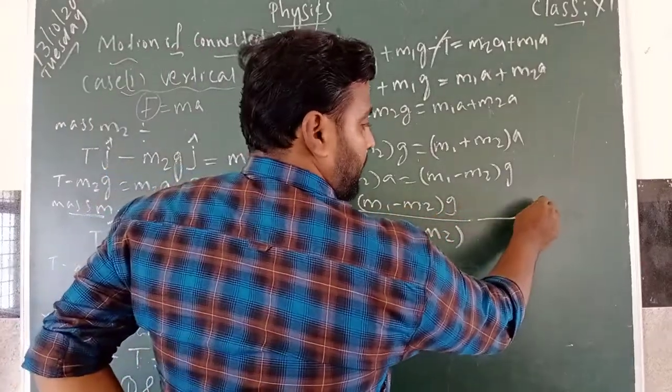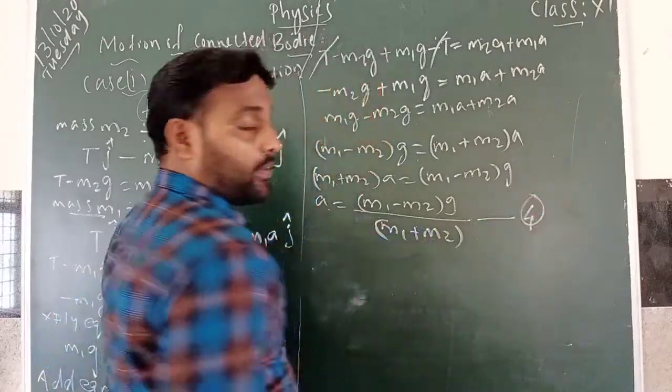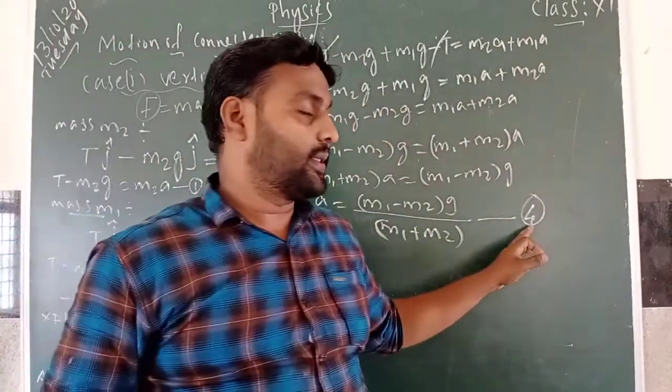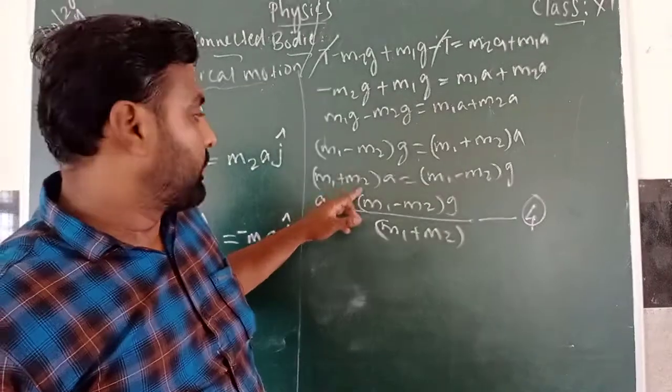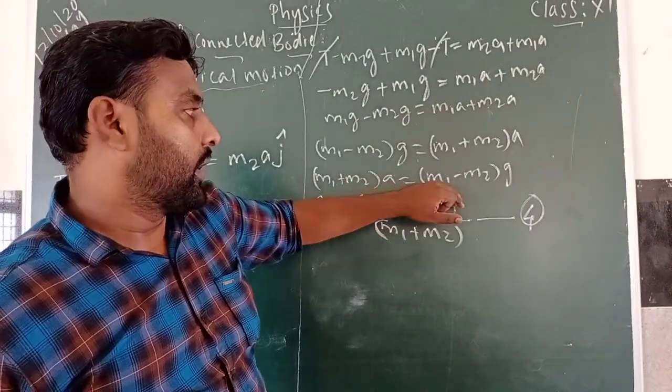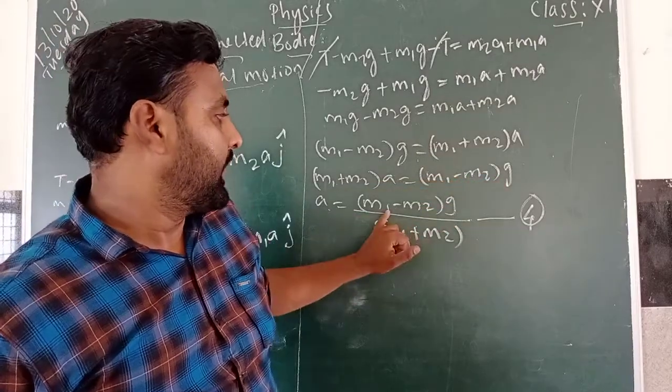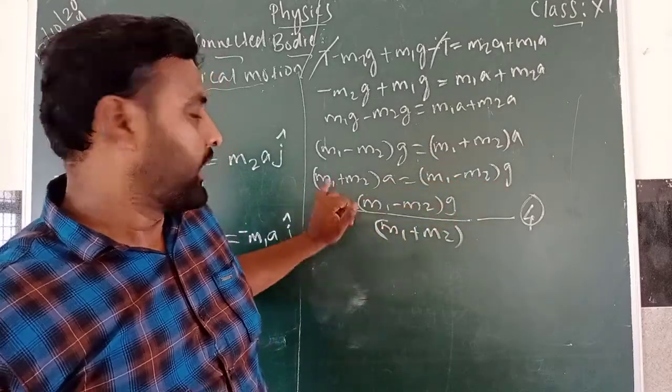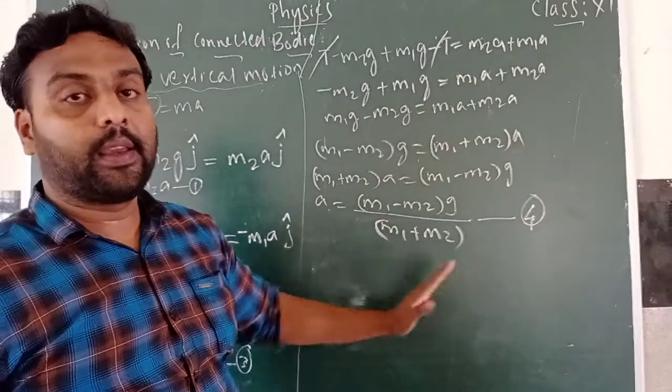Now keep this as equation 4. From this step again we are finding A: M1 minus M2 into G divided by M1 plus M2.